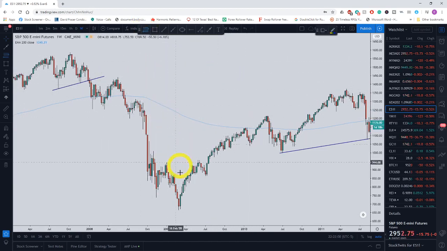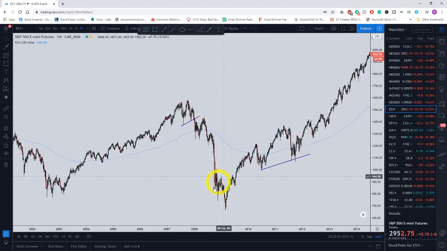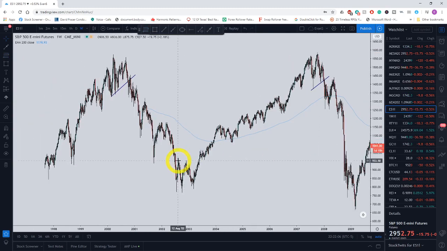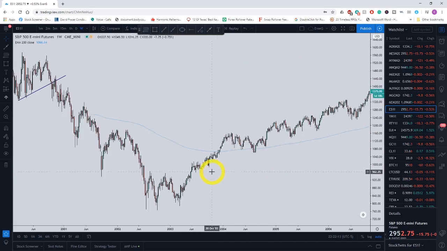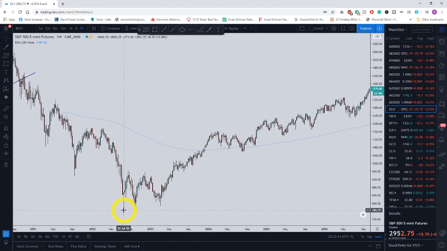So here on the weekly chart, when we were coming out of the financial crisis right here, well, let me back up real quick because this one's actually a stronger trend. We're coming out of the dot-com tech bubble right there. We have this push lower, this spike low right there, and then we have a second spike lower right there.